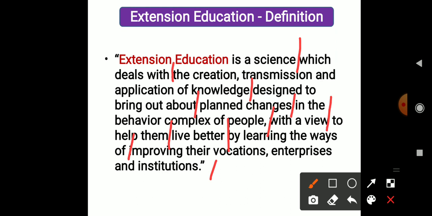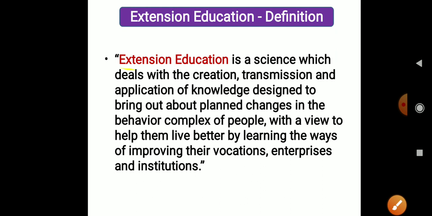Now let us see. Extension is a science. Okay, science, that means an approved statement. It is a science which deals with, which tries to carry out its work related to what? Creation, transmission, application of knowledge. That means knowledge is going to be created here, developed here, produced.